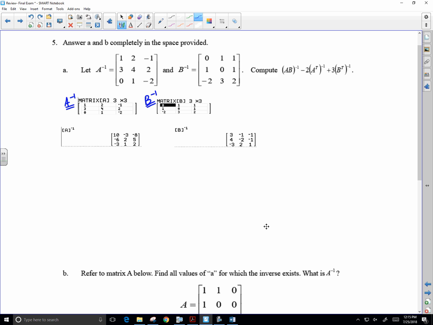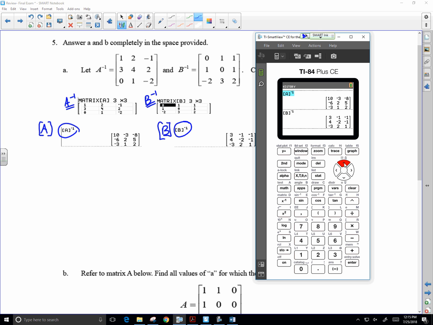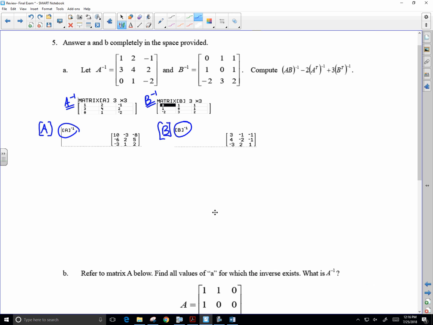All right, so now these are labeled as the inverse, but this is really just matrix A, and this is matrix B. So what I'm going to do is store those as C and D. So everywhere that I see an A, it's really a C, and everywhere I see a B, it's really a D. So now I can just burn through these calculations.